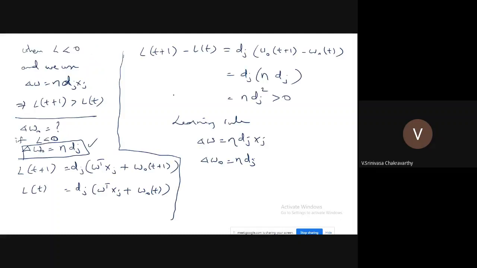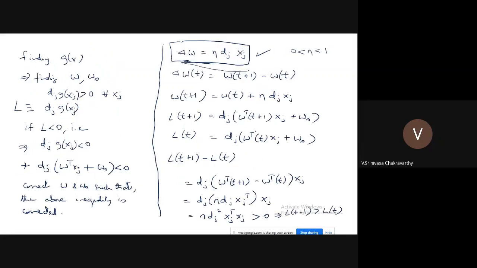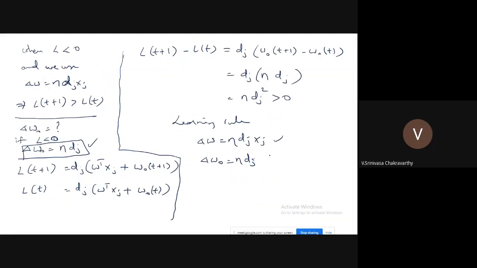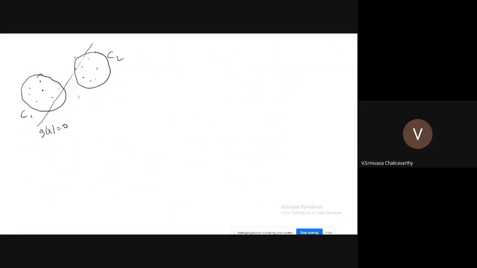As you keep on applying these two learning rules, this line will gradually turn in small steps, and finally, once it reaches something like this, the L will be positive for all the data points. Then the iteration will stop. So you have found the correct answer.